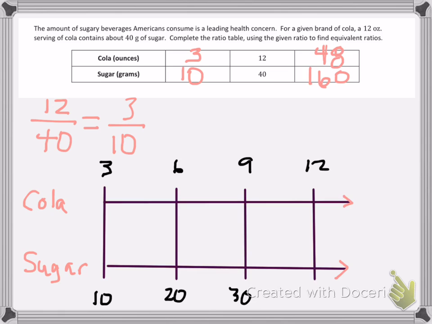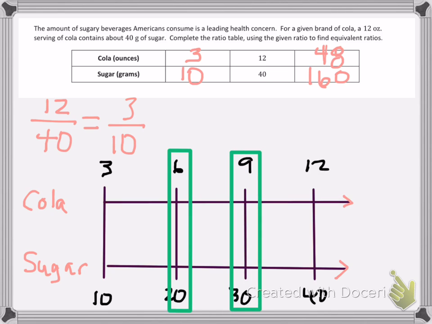Let's try that again. 40 right there. And that would continue, and that's our double number line, and it includes all equivalent ratios. So this is an equivalent ratio, this is an equivalent ratio, here's another one. And they continue on as long as I continue my double number line.